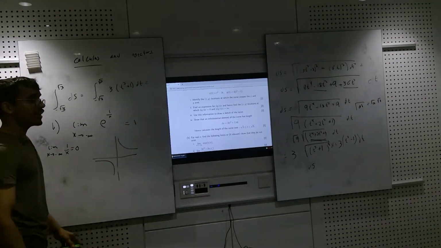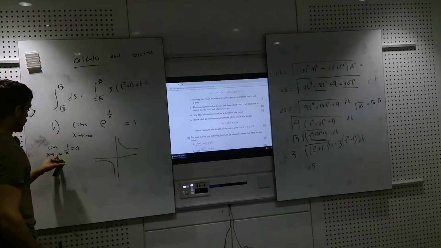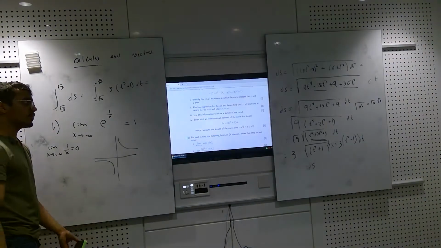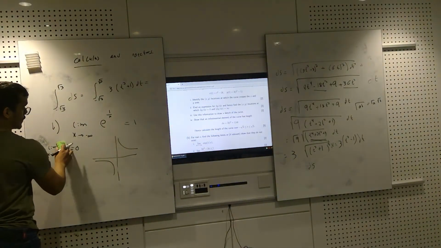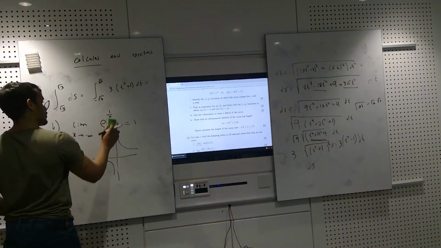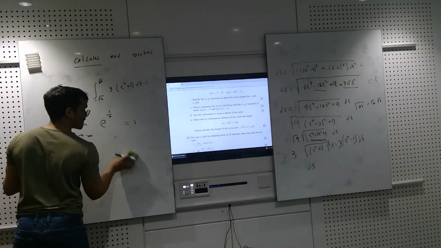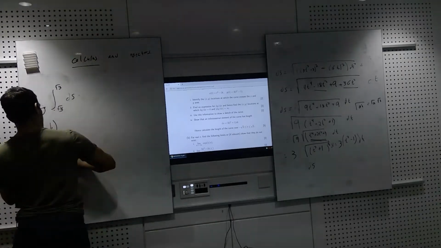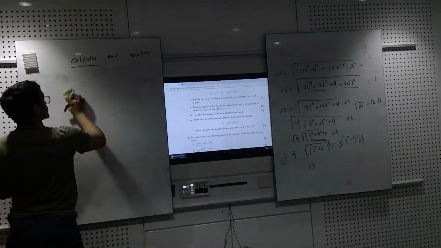So you don't have to do anything if you know this fact is true, because 1 over x, whether x goes to infinity or negative infinity, equals 0. Anything divided by infinity is 0, and e to the 0 is 1. This is another 2 grades, easy 2 grades.